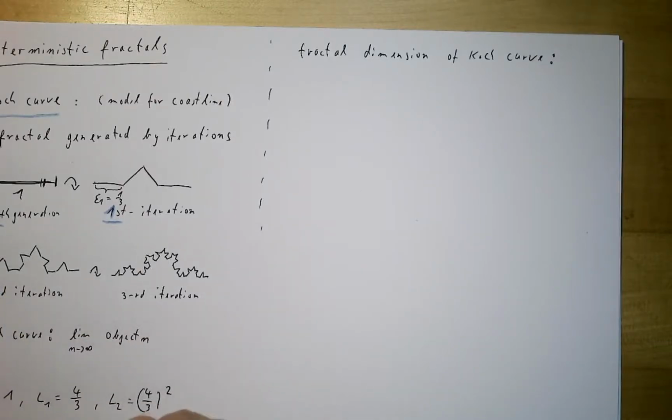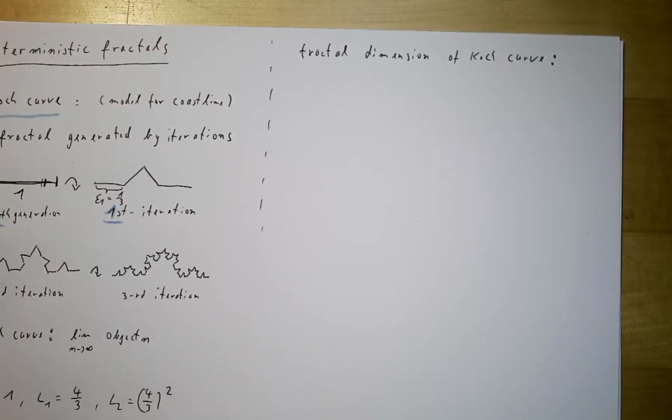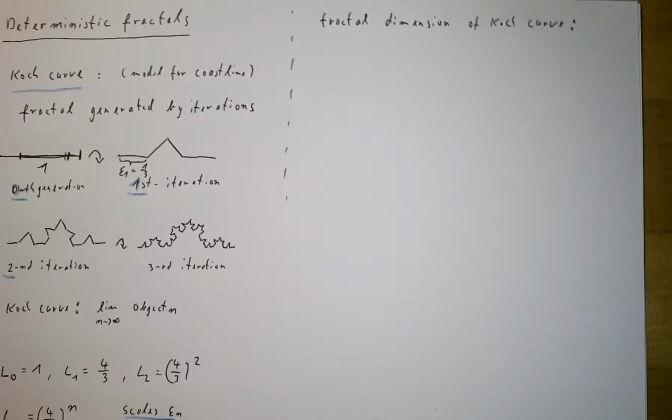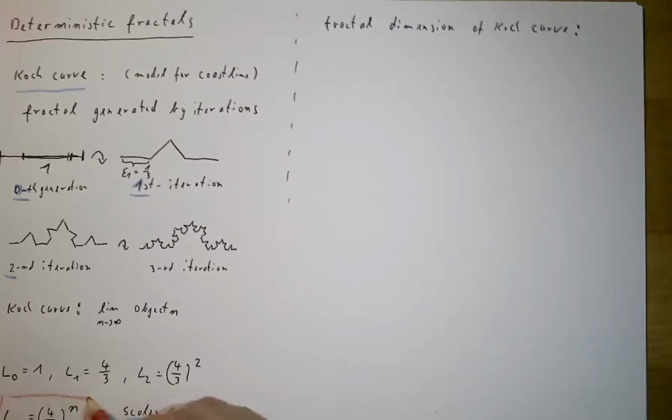So the scales epsilon n are epsilon n = 1 over 3 to the power n. So these are the scales. And if we look at the object at such a scale, we find here the length of the object.